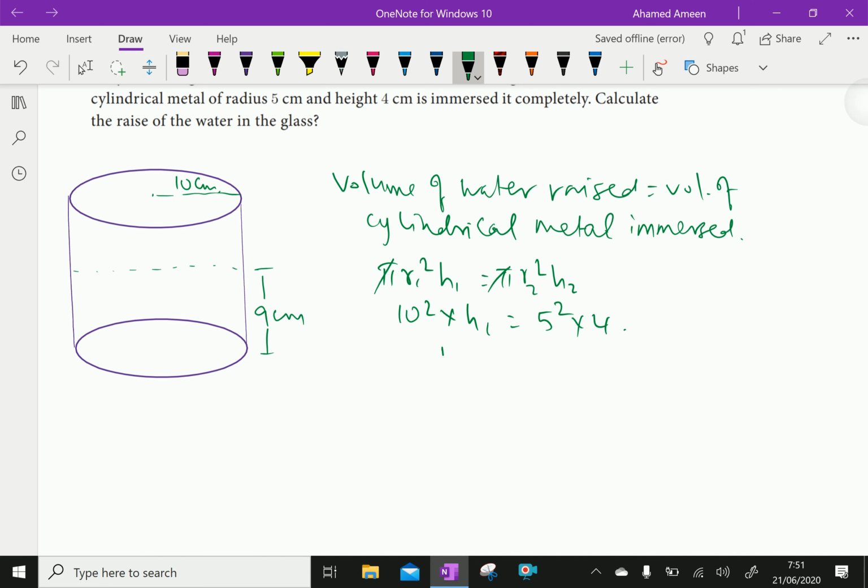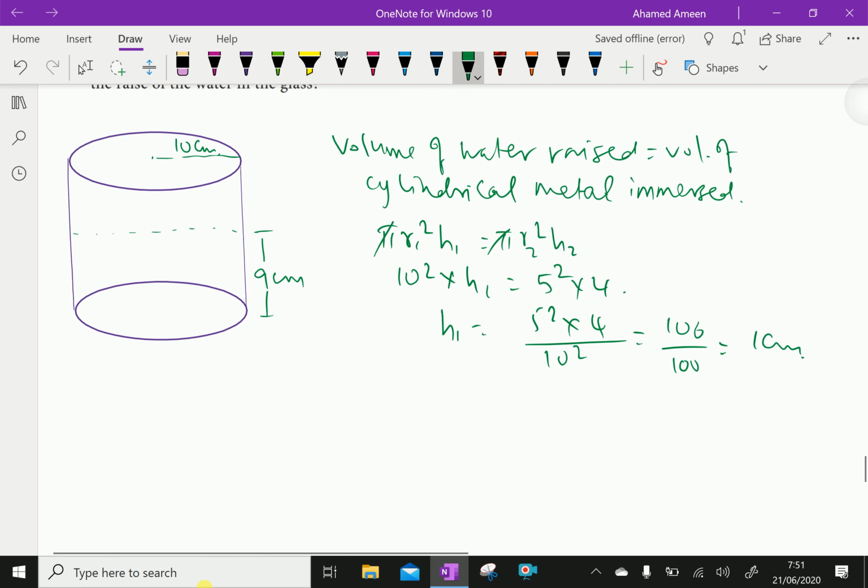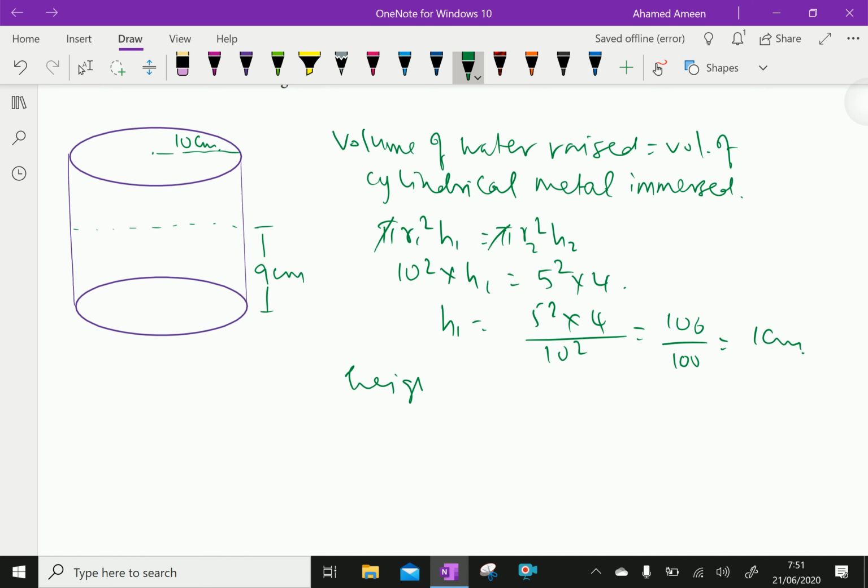Then H1 is 5 squared into 4 over 10 squared. Here 5 squared is 25, 100 by 100 equals 1 centimeter. Therefore the height raised in water level is 1 centimeter.